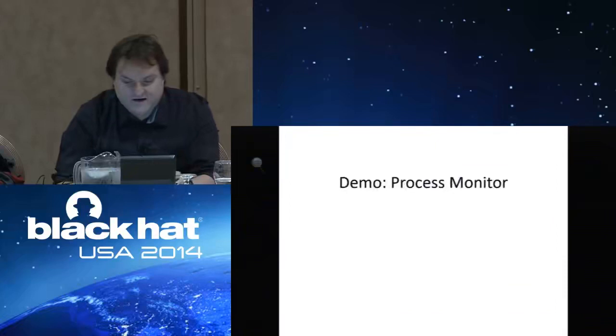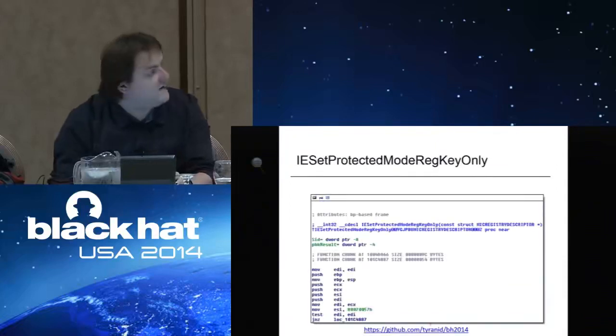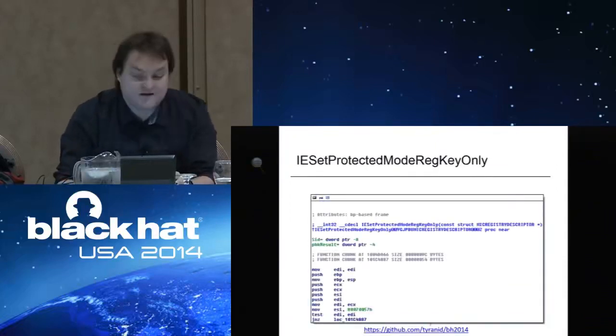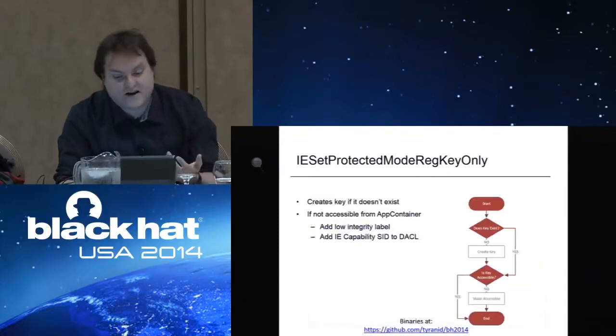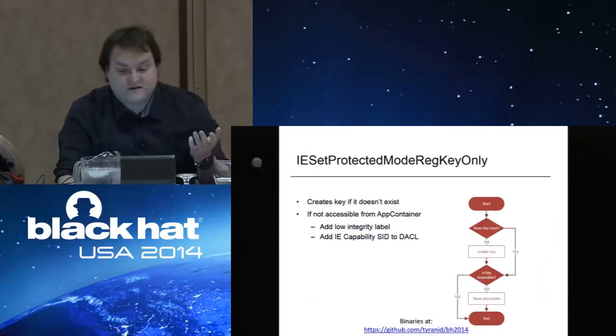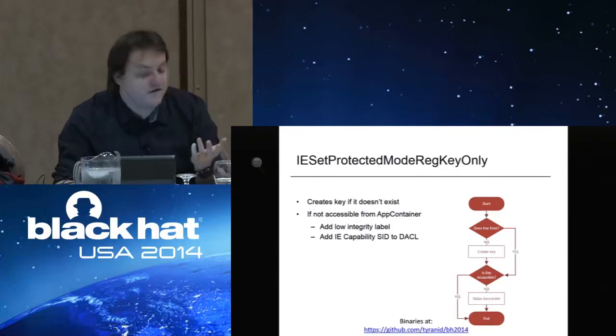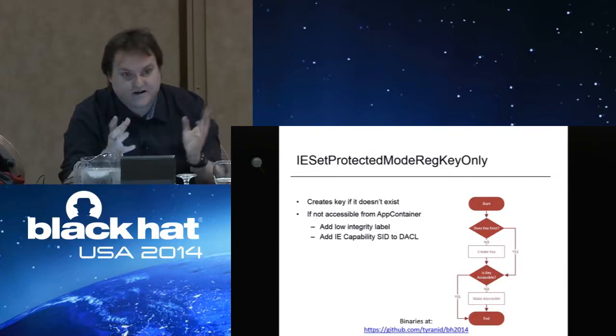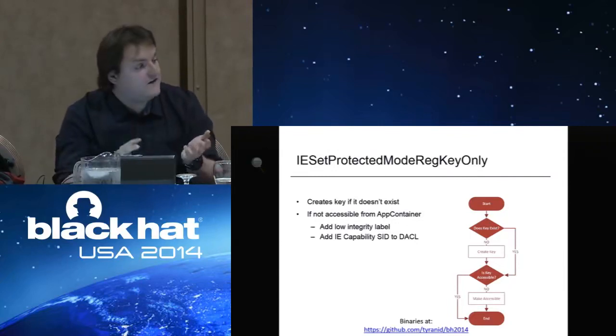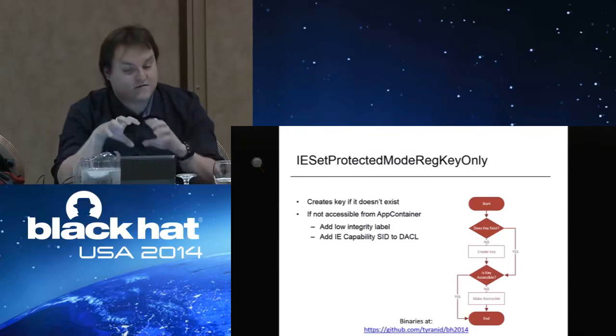So I obviously went a bit into detail of that and did some reverse engineering. And it turned out that this function was just this relatively simple flow. So it tries to create this registry key, which we've identified. If that key doesn't exist, it'll create it. And this is running at the medium level process.